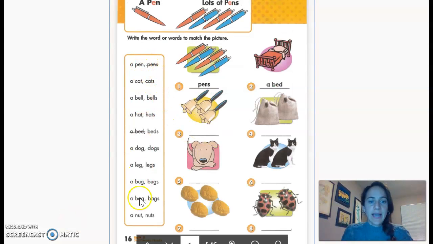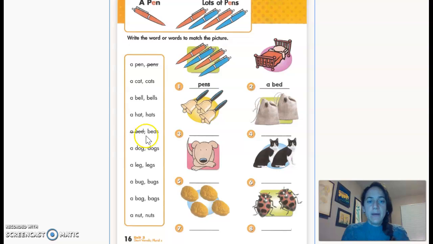So here on my side I have lots of vocabulary words. A pen is one. Pens, more than one. A cat. Un gato. Cats. Gatos. A bell. Bells. A hat. Hats.